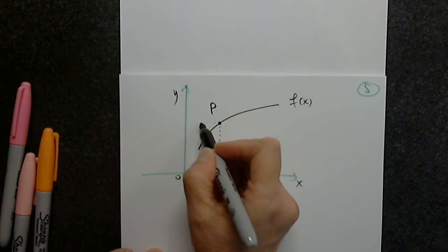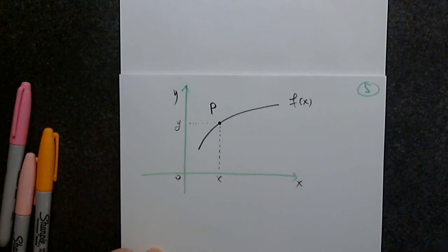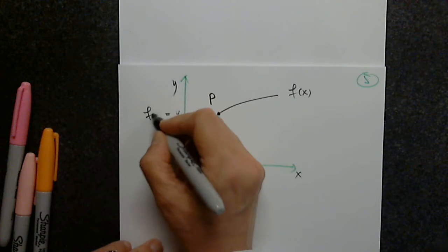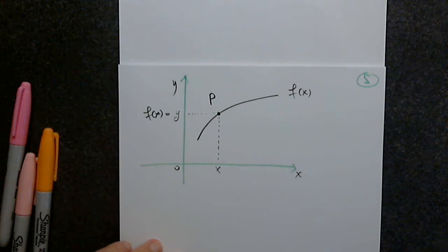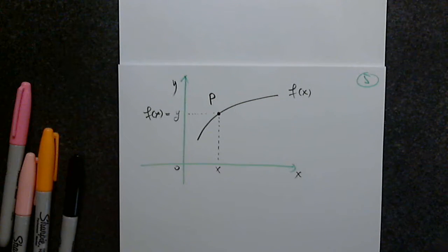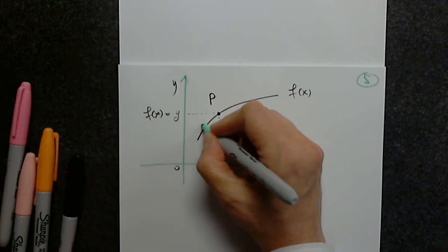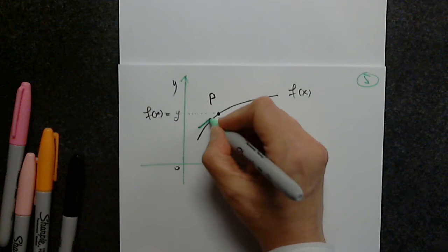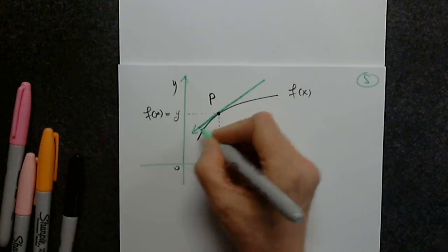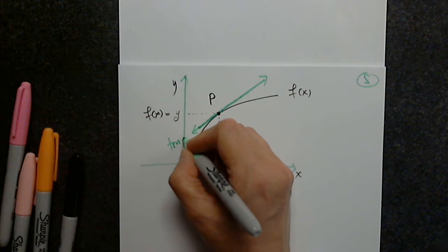The y-coordinate is y, or f of x, of course. Then I'm going to draw a tangent line to the graph of f of x at P. Tangent at P.